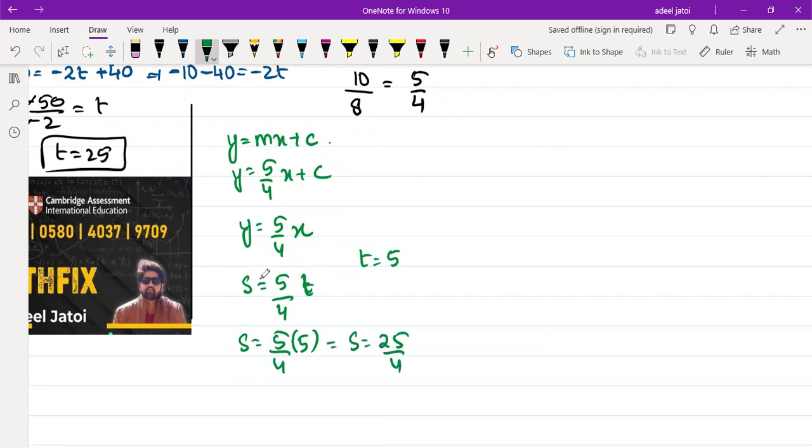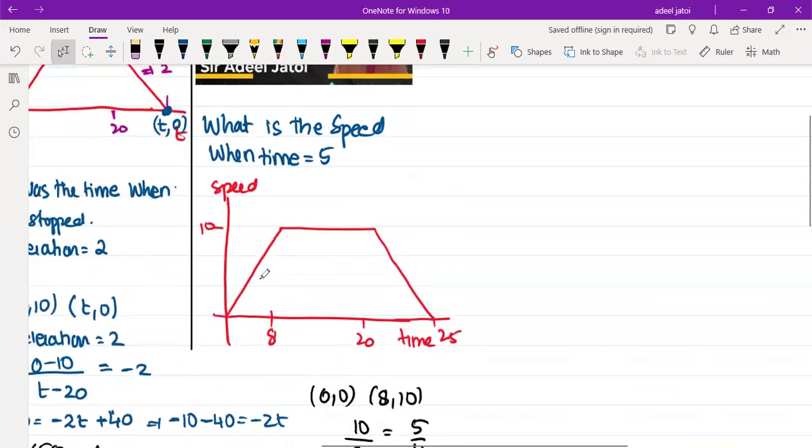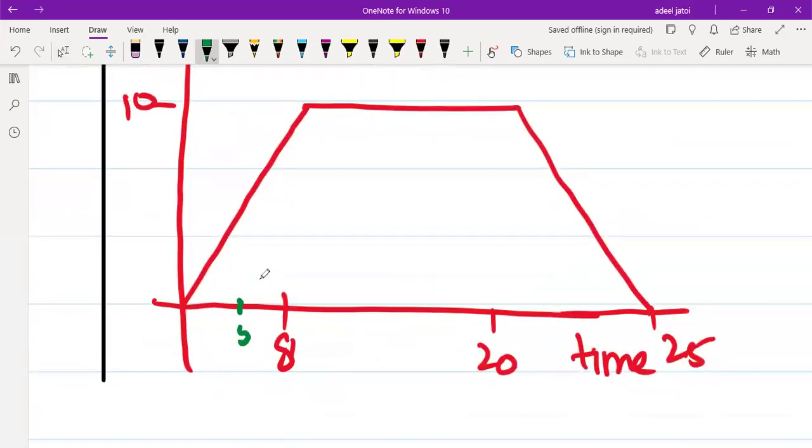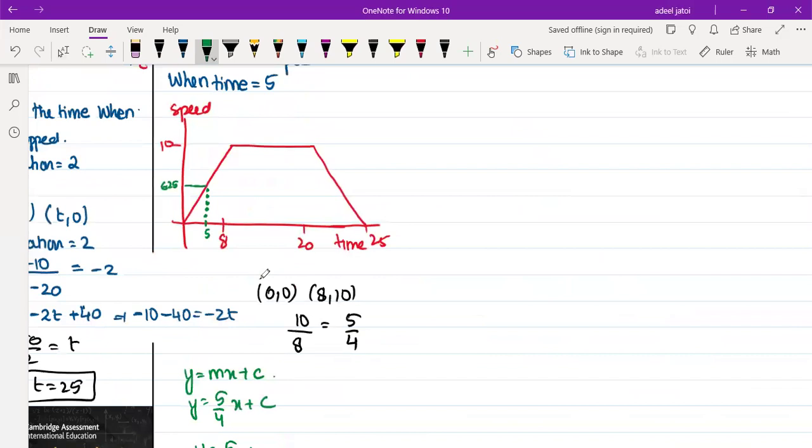S becomes 25 upon 4. This will be somewhere closer to 6.24, 6.25. So your speed is 6.25. At this point, when time is 5, you got to know that your speed is 6.25, which you cannot get if you are just randomly doing it.